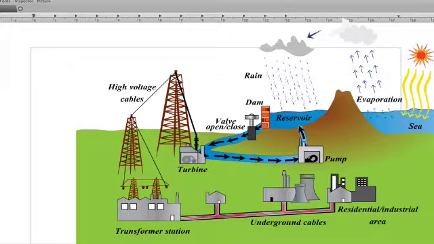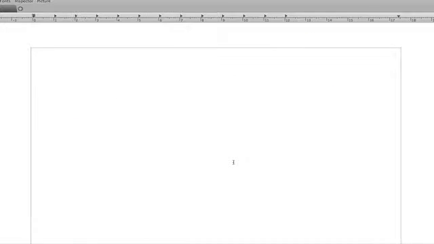Now, if we look at the diagram, through high voltage cables, this electricity is moved to a transformer station, and I imagine that the transformer station would convert the electricity into a form that's usable by, well, we can see it gets transferred to residential and industrial areas. So we have this raw electrical energy, and the transformer is just changing that into a form that can be used or can be consumed safely.